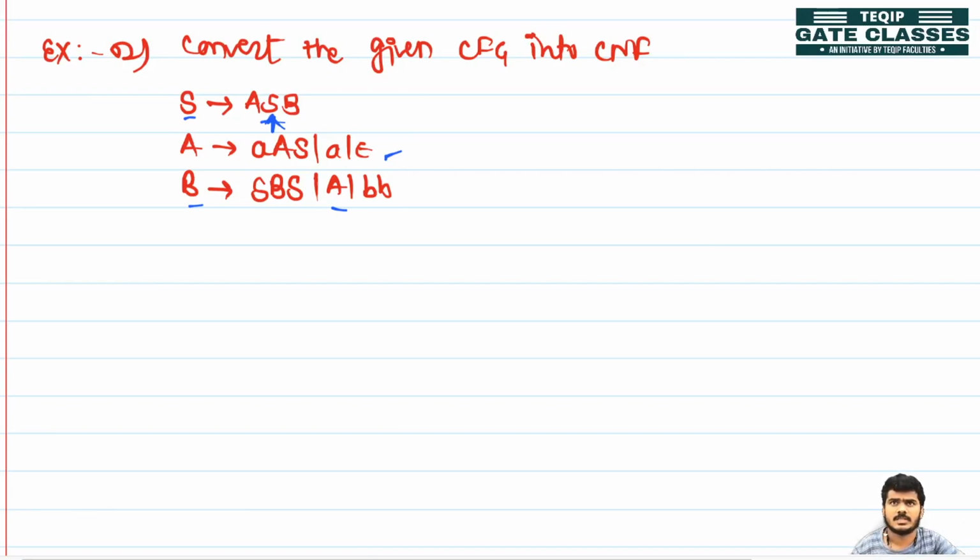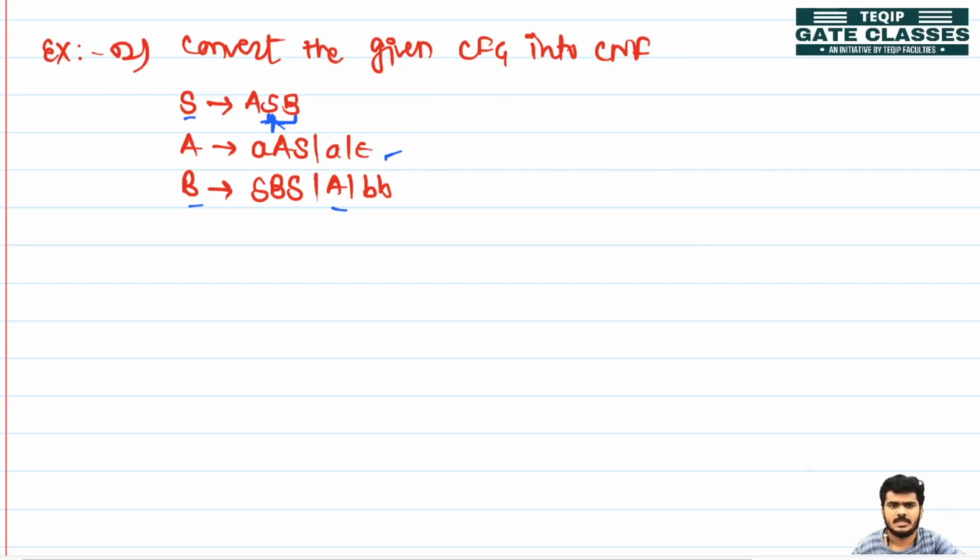Step 4 says that if there are more than two non-terminals, then we have to replace n minus 1 non-terminals with some other symbols till n is equal to 2.